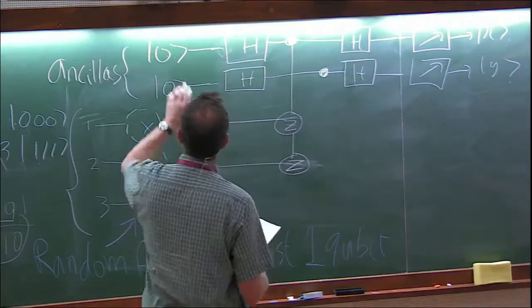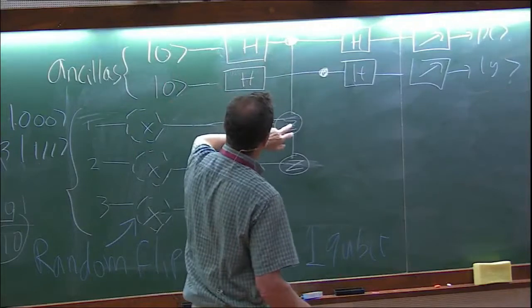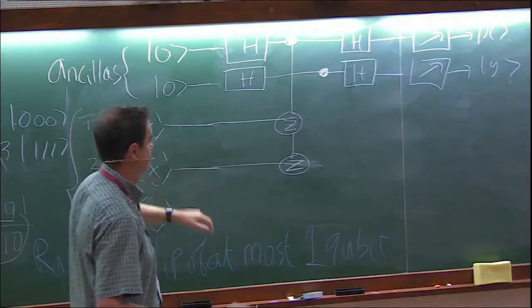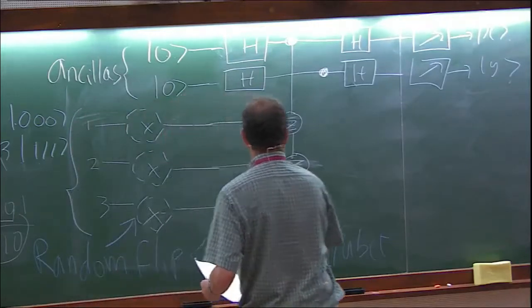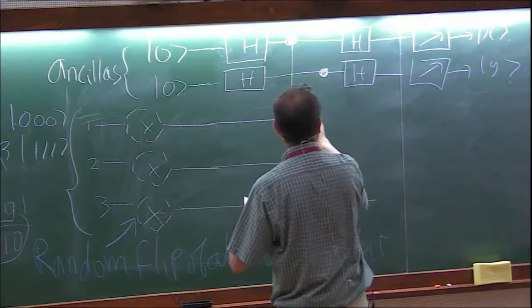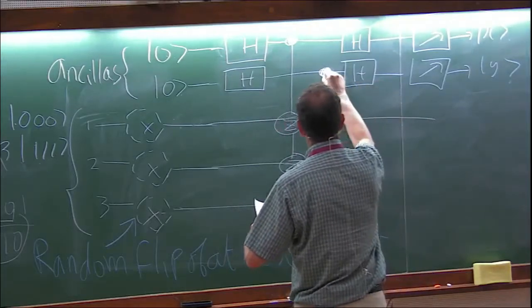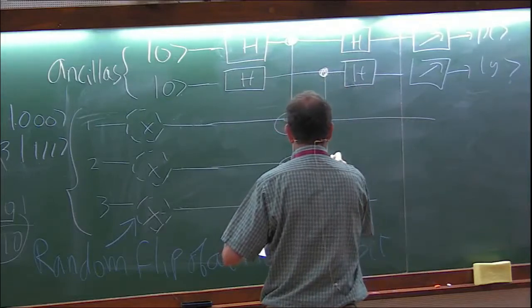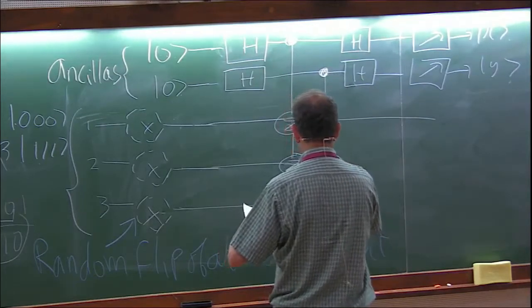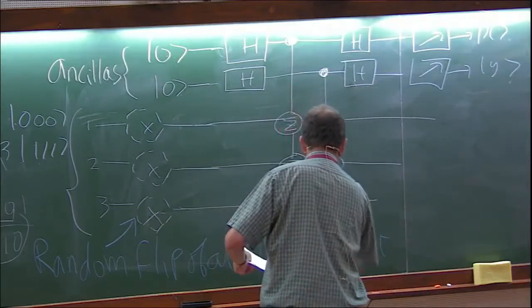So what this means is that if this control qubit is 1, the operator Z acts both on qubit 1 and qubit 2. And similarly for the second ancilla, that is a control Z for qubits 2 and 3.